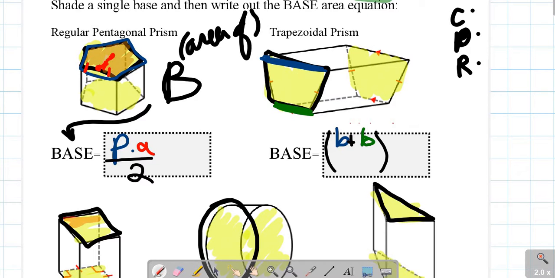That's the parallel bases of a trapezoid. So I'm only getting the area of that shape right here. Base plus base over 2, you find the average, and then the height of the trapezoid would be at a right angle. So that's the area of the trapezoid.